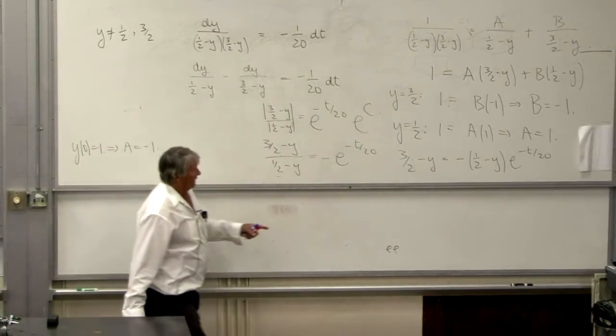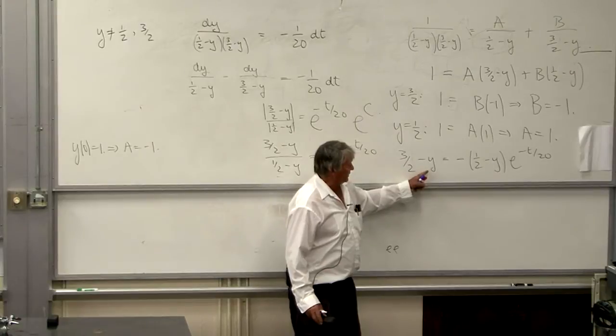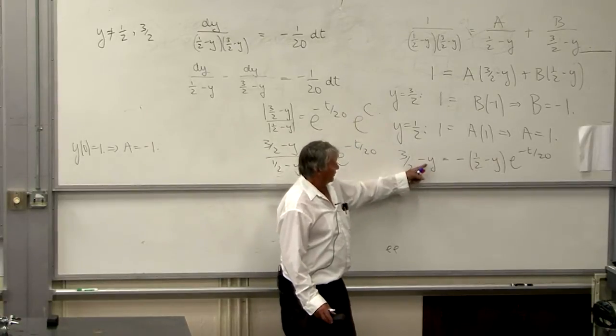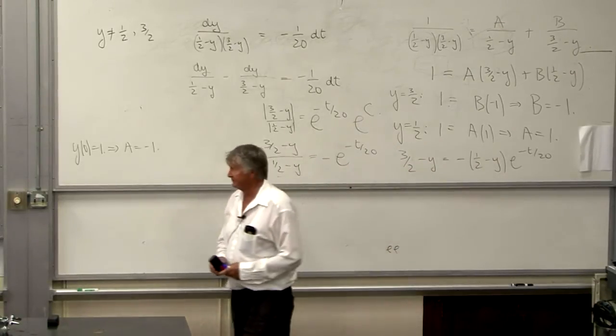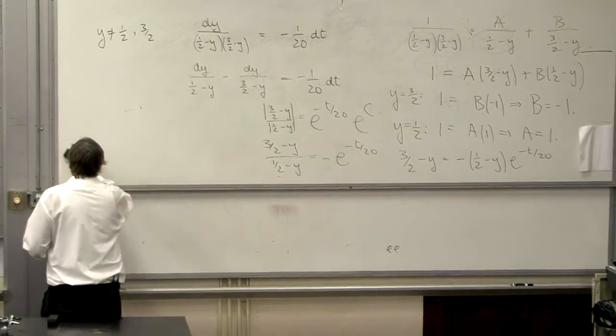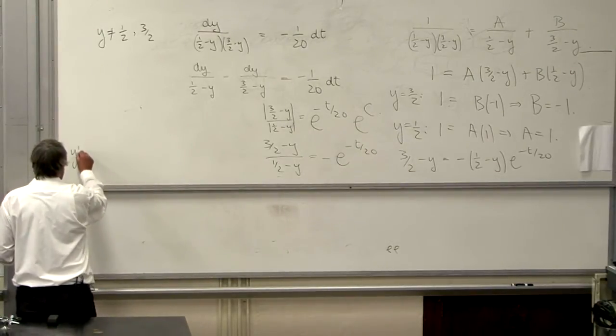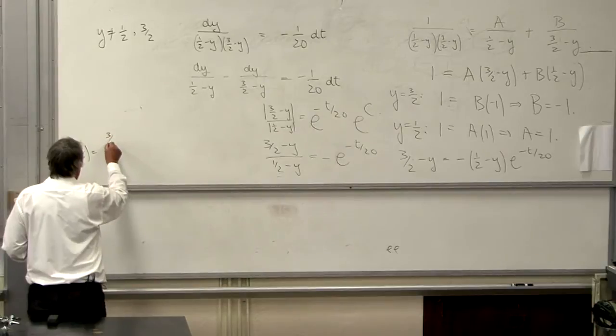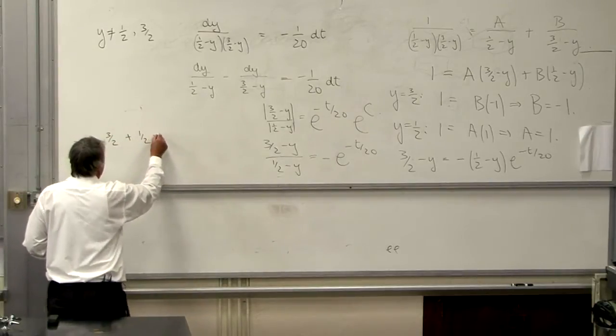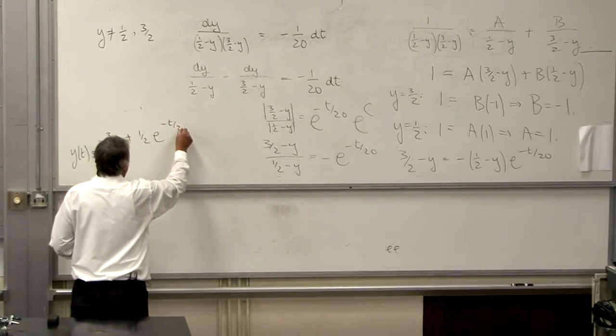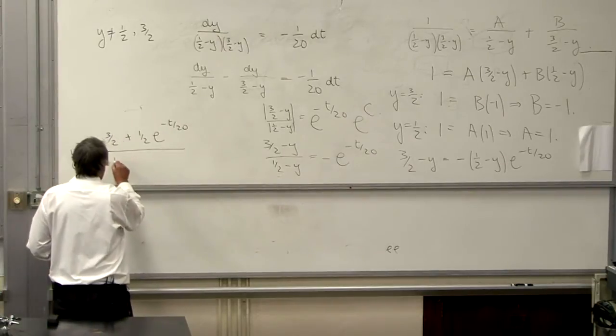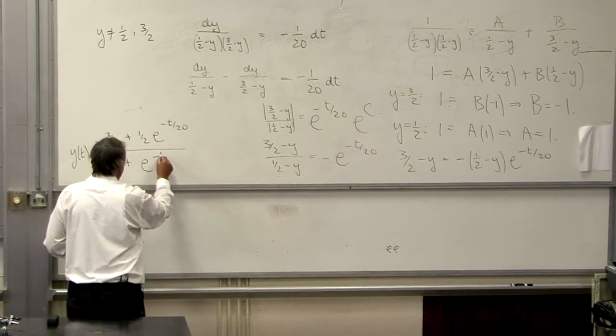Now I'm going to take all the non-y terms over to this side and all the y's to this side. And then I get that y of t is equal to 3/2 plus a half e to the minus t over 20, divided by 1 plus e to the minus t over 20.